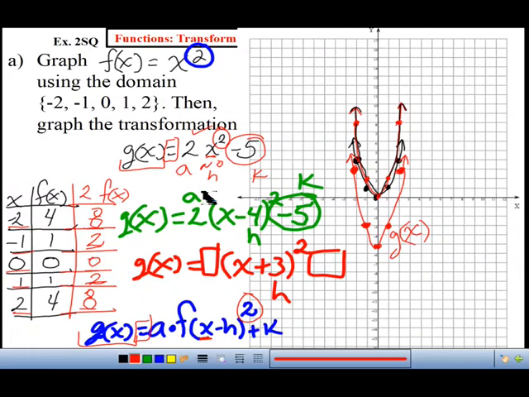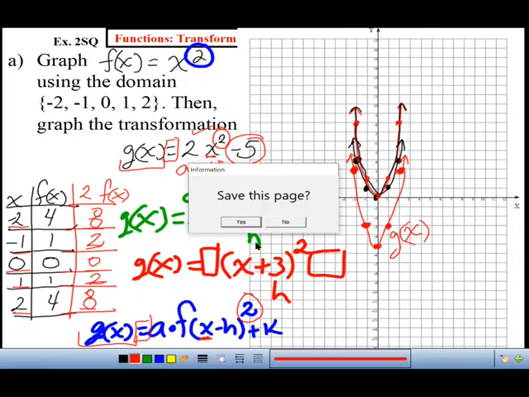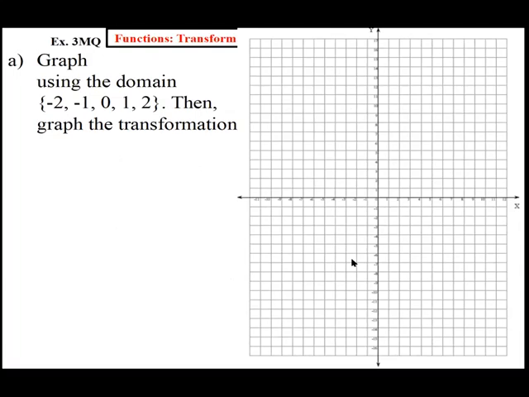So if you notice, the setup looks pretty much the same. The only thing is now we applied it to a quadratic. Well, guess what? We're going to apply it to a different function. So let's start a new one. Here we go. On your new coordinate plane, I want you to write example 3.